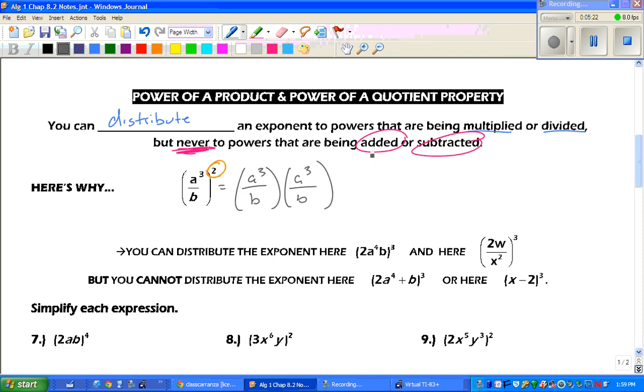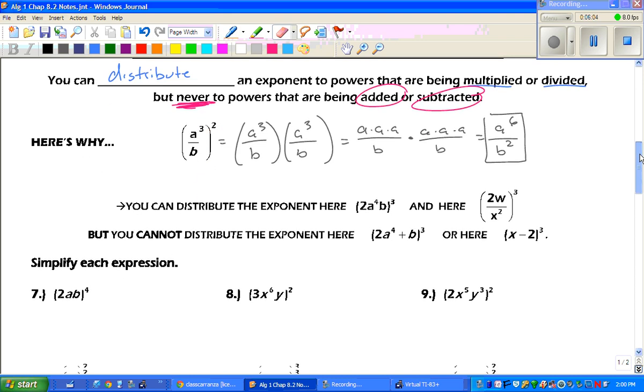So the top would be a cubed times a cubed over b times b, which gives us a to the sixth over b squared. Now, if we were to multiply that right away, 3 times 2 would give us a to the sixth, and remember that that's a 1. 1 times 2 would give you 2. So you're getting the same thing, it's just a little shortcut.